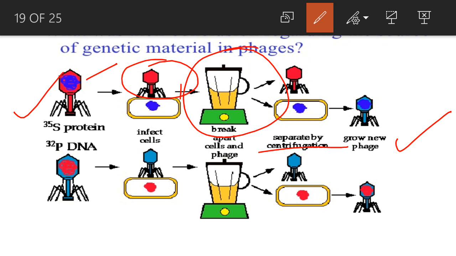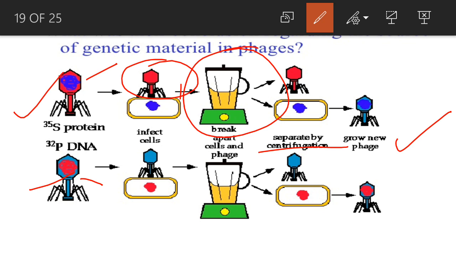In the other case, when the E. coli bacteriophage was grown in phosphorus isotope P32, because phosphorus is present in DNA, the DNA got labeled and the protein coat did not get labeled or radioactive.